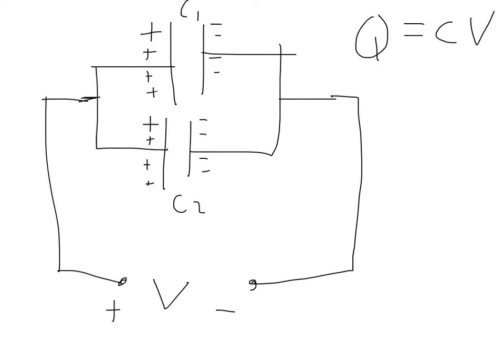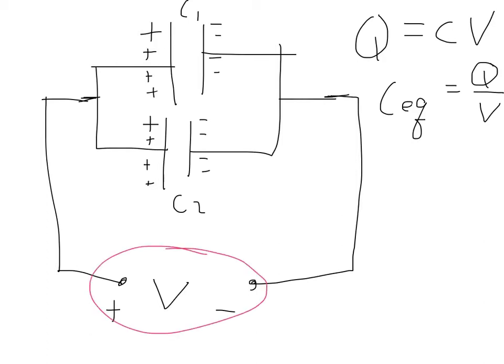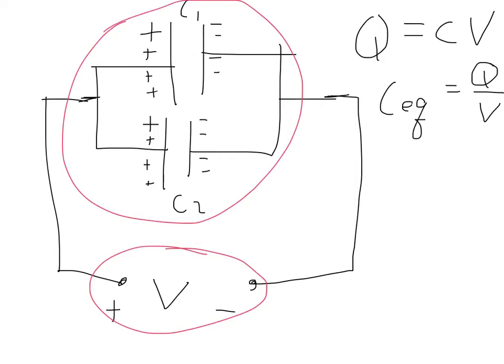So if we want to find out what the equivalent capacitance is, call that C equivalent, C equivalent is equal to, therefore, Q divided by V. So whatever charge this battery here sees stored on whatever series of capacitors is here is related to the equivalent capacitance. So I could replace these two capacitors then with a single capacitor, and that's what I want to find the value of. Very similar to what we were doing with resistors.